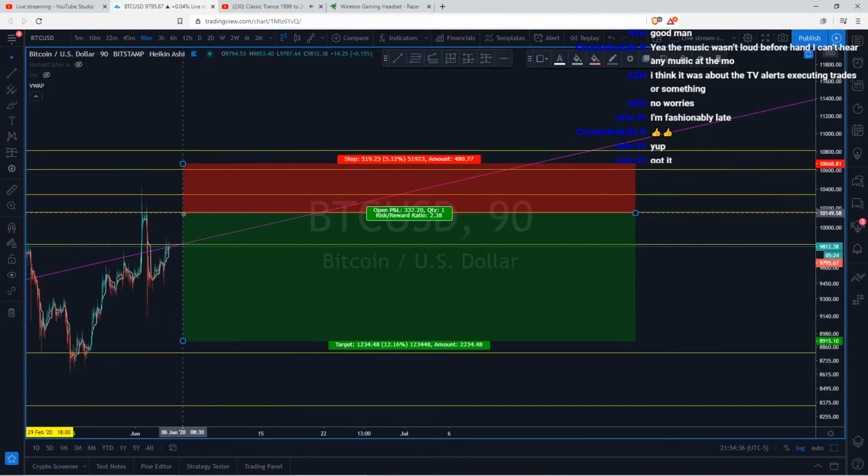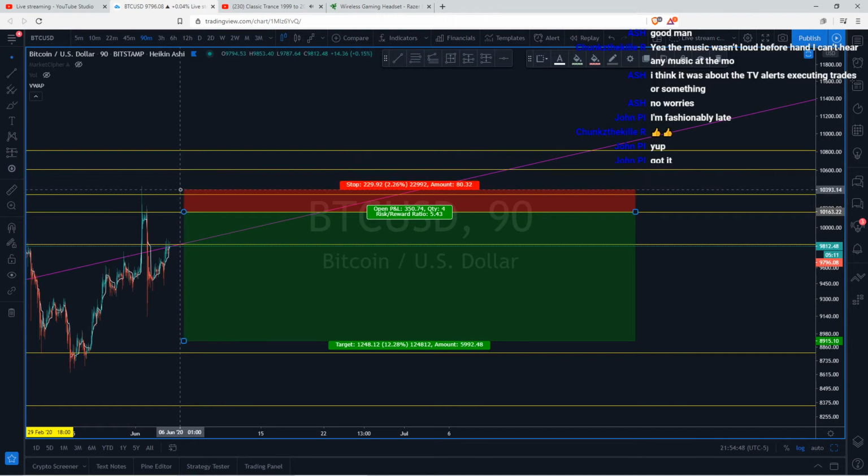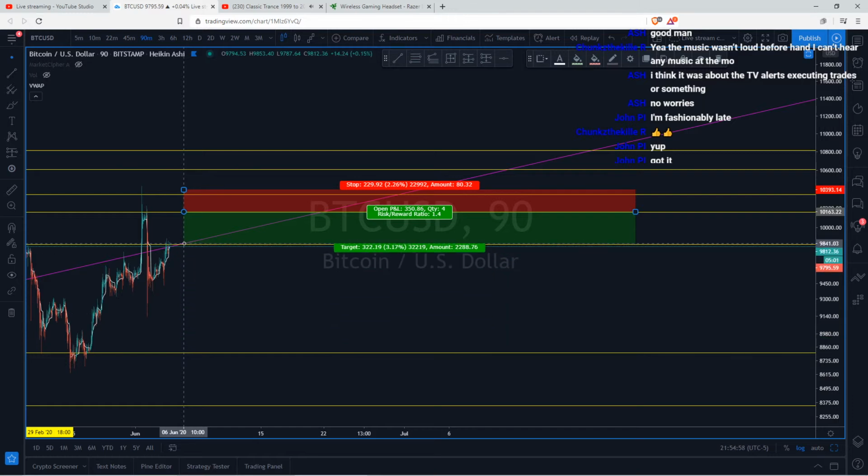So our position would be somewhere in here, somewhere before the line, or you could put, like, 1, 2, 3, 4 positions and get an average where it's on the line. And you want your stop loss past resistance. Okay. And let's say our goal is to only get to here.